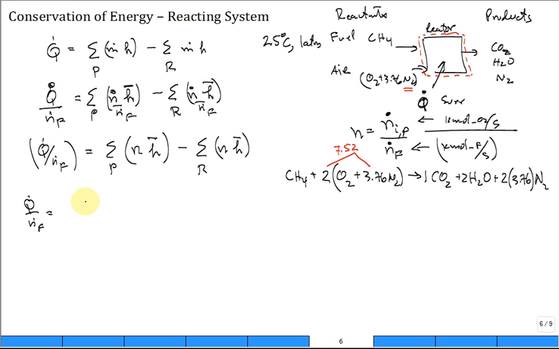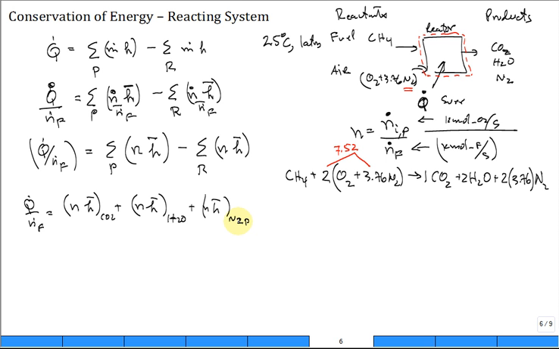to, I'm going to write it like this. For each of the products, let's write the product CO2 first. So we'll put N H bar CO2 plus N H bar of the next product, H2O, plus N H bar N2. And I'm going to put N2P because it's so confusing.